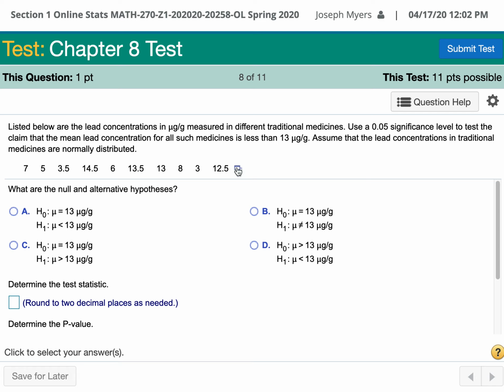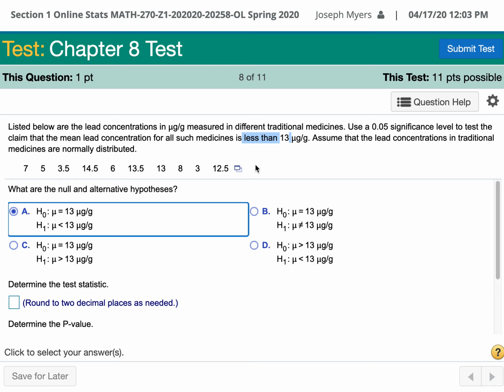So first of all, the claim is that the mean concentration is less than 13. So that's going to be the alternative hypothesis. It would have to be this one, because the null hypothesis always involves an equal sign, and so the alternative would be that it's less than 13, which was the claim that they gave in the problem.